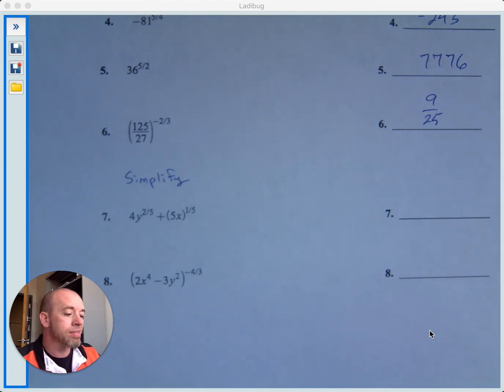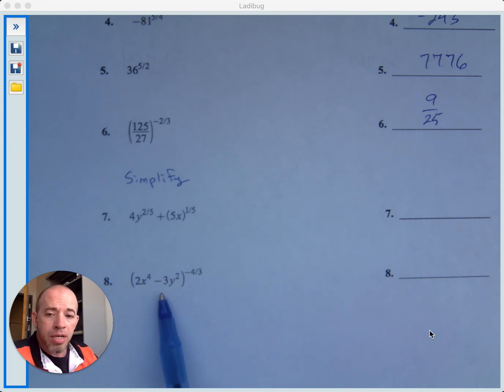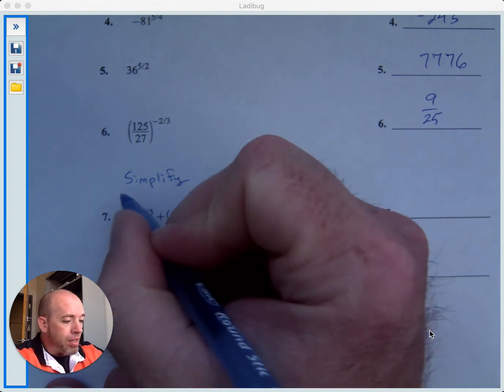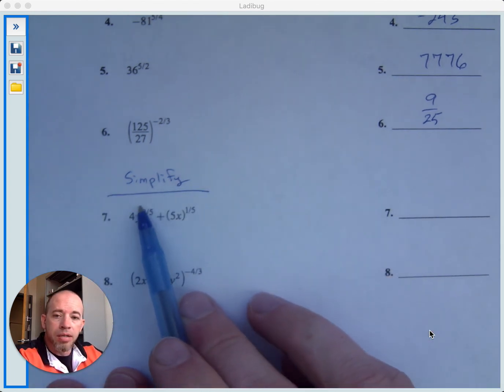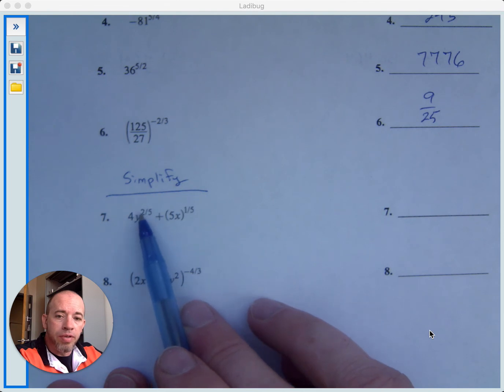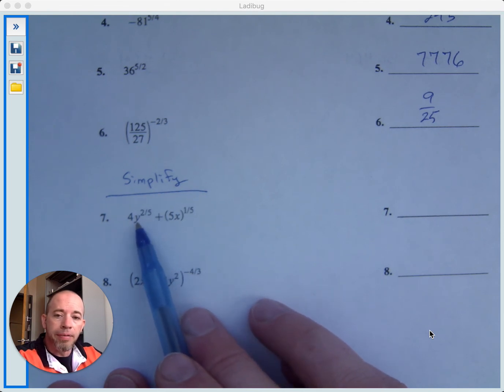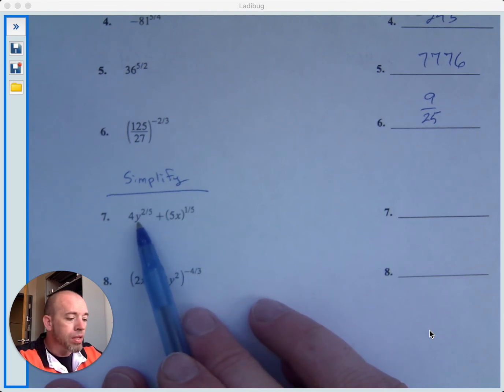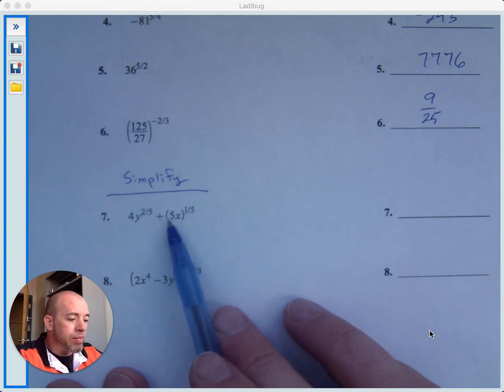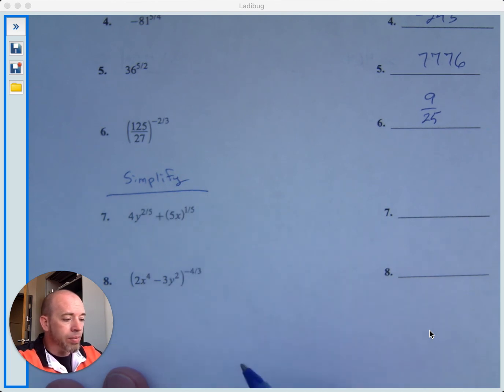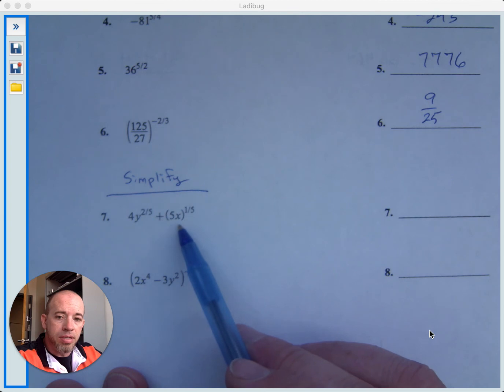The problem is, a lot of these are good examples of really not being able to do a whole lot of anything. We can't do anything here. We can't actually take 4 to the 2/5 because this 2/5 goes with the y, only the y. For this one, we could take them both to the 1/5, because we have this in parentheses, but what would that do for us?